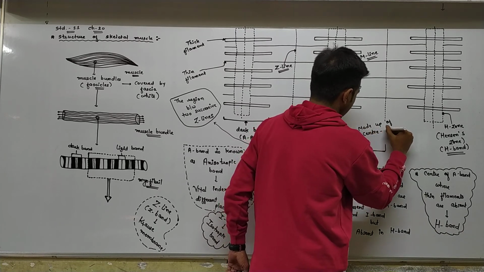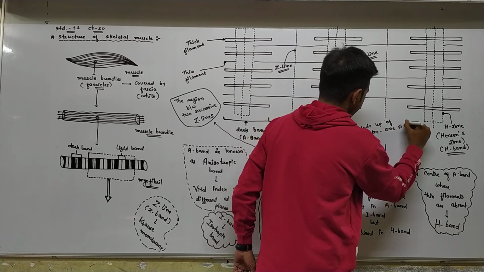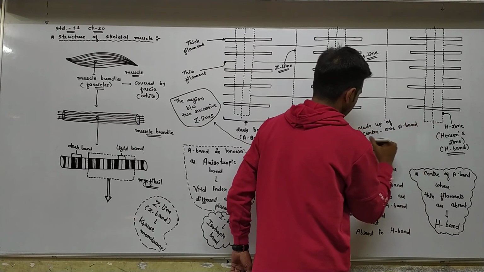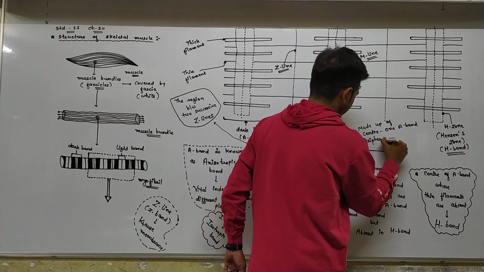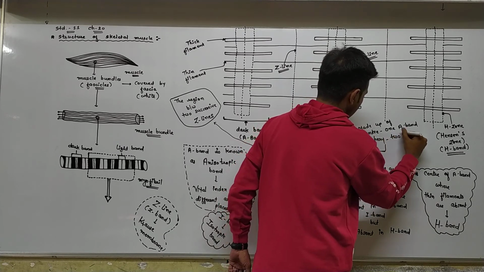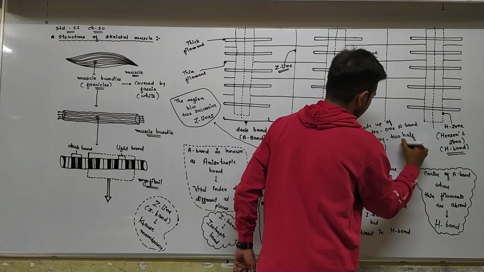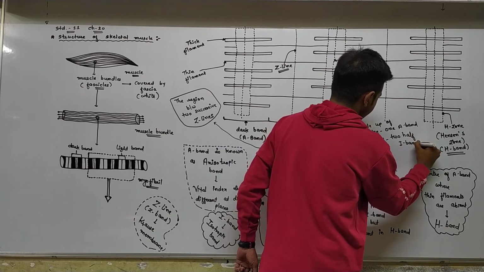at the center one A band and at the periphery two half I bands.